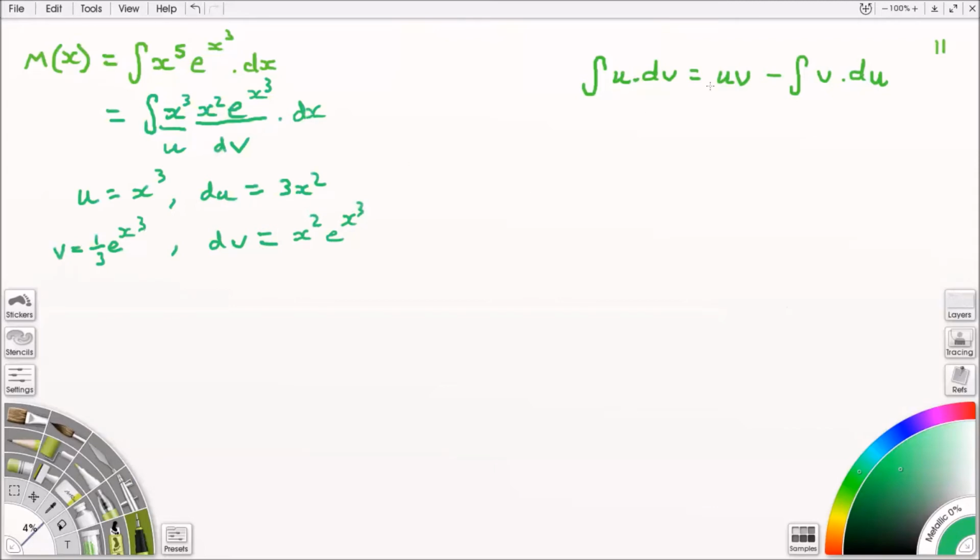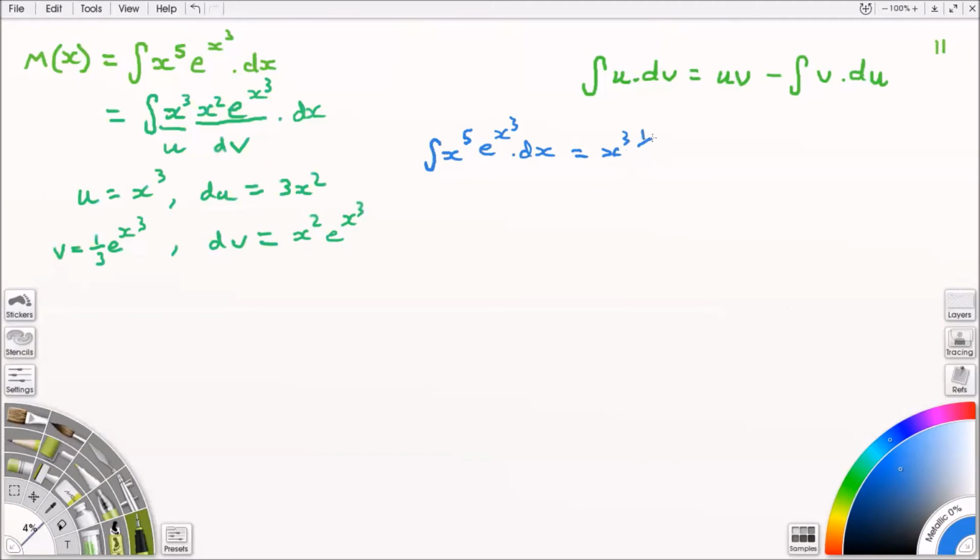And now we can just simply sub in the values here. So I'm going to change color. It's a funny looking one. That would do. So we have the integral of our function here, still the integral of this dx is equal to, so u sub in, we get x cubed, multiply that by v.